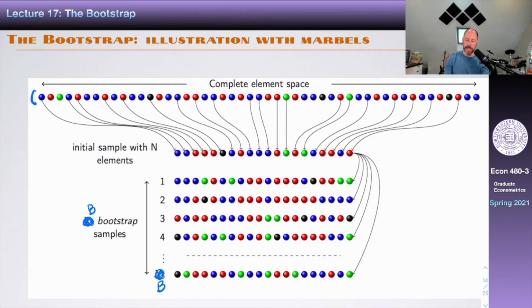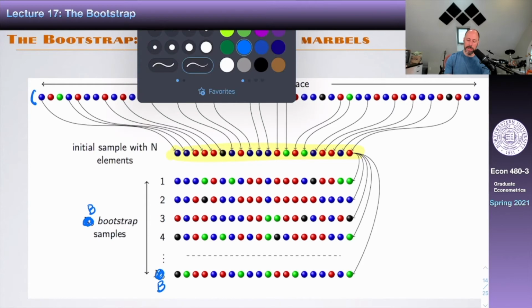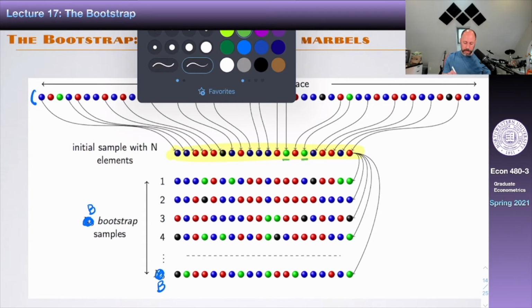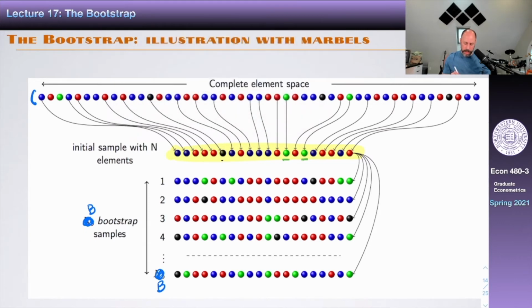And the sample of size n is this list of marbles that you got. I want you to pay particular attention to some colors. Notice, for example, that there are 2 greens. And there are 2 blacks. This is a black one. There's a black one. So green and black, they're 2 of each, right?